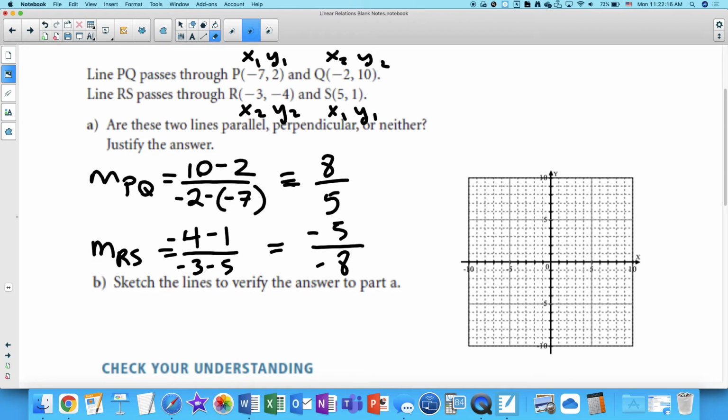Can I simplify that? I can't simplify the numerical part. What about the signs? If you flip the fraction, it changes the signs. If I flip the fraction, not quite. What's a negative divided by a negative though? Yeah, it's a positive.